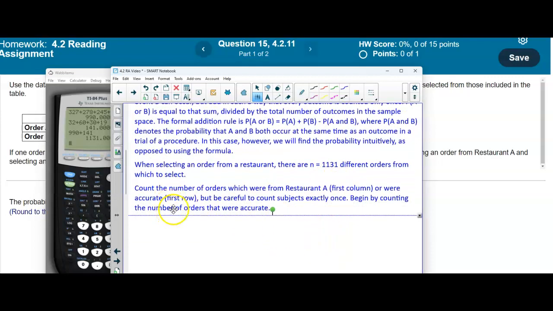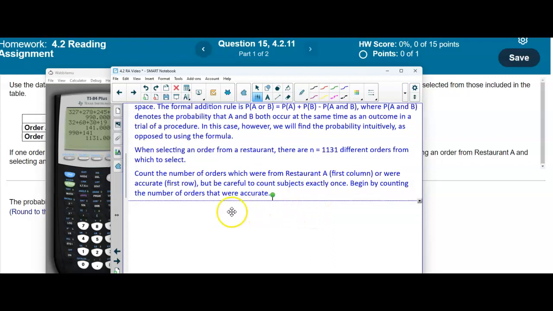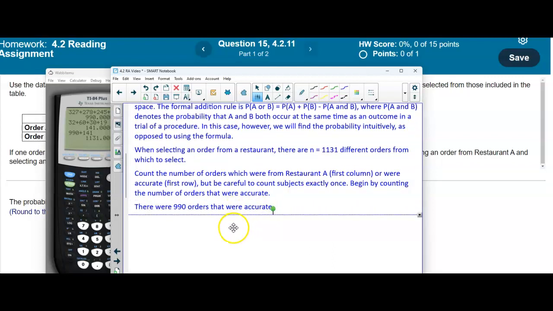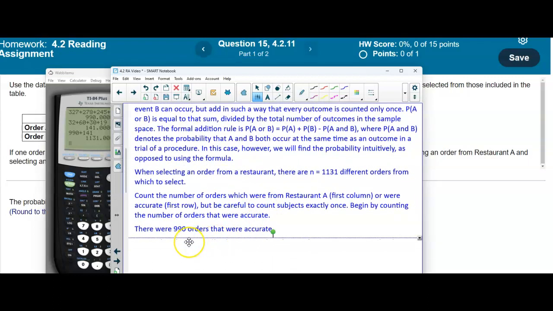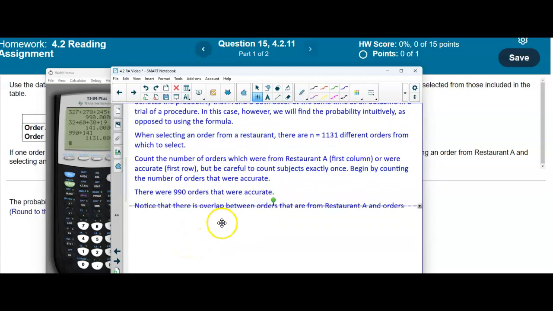Now we want to count the number of orders which were from restaurant A, which is the first column, or were accurate, which is the first row, but be careful to count subjects exactly once. So we begin by counting the number of orders that were accurate. We added the order accurate row and got 990, so there were 990 orders that were accurate.